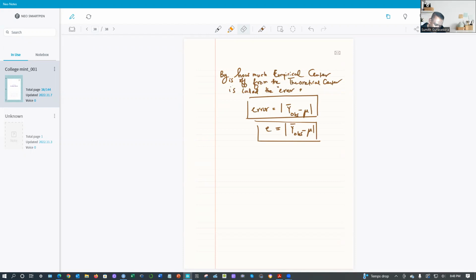The higher the spread of the sampling distribution, the higher the error.